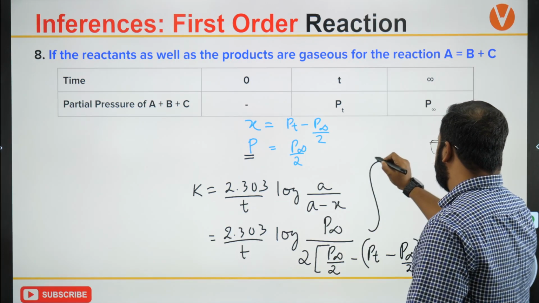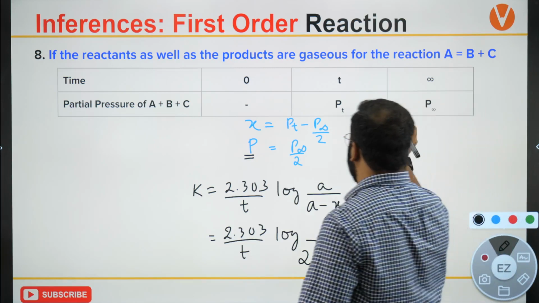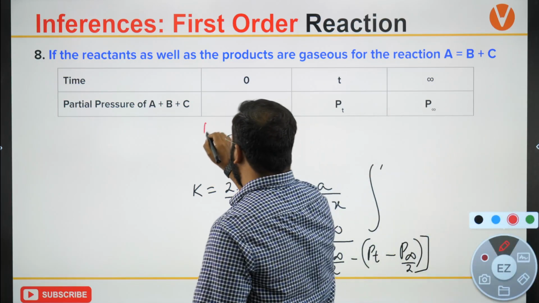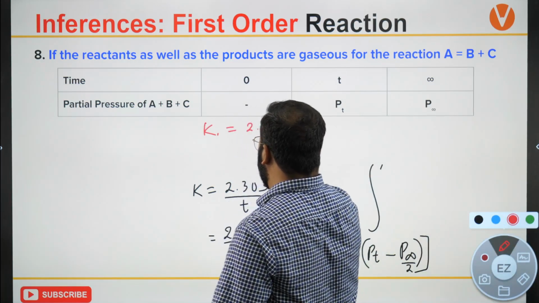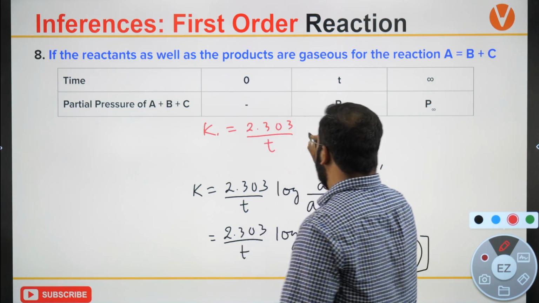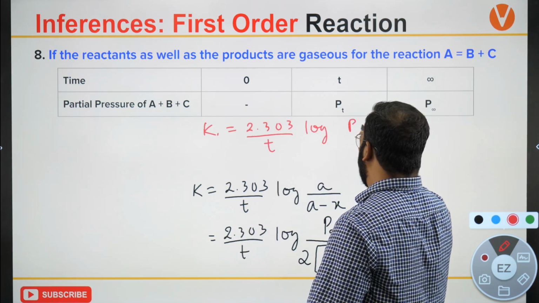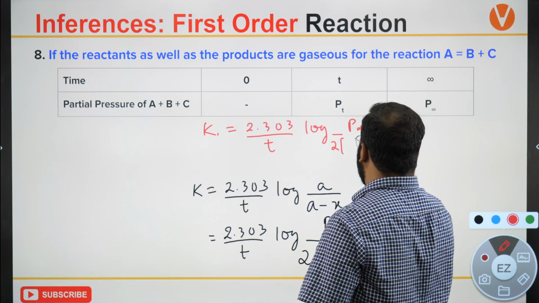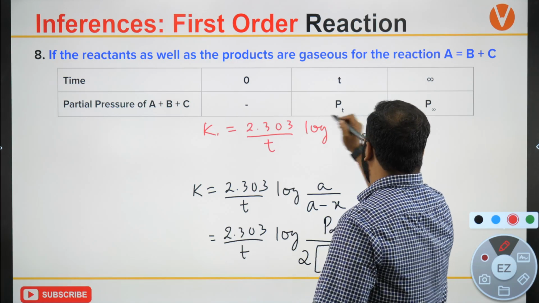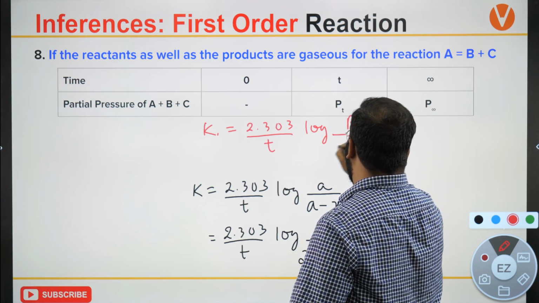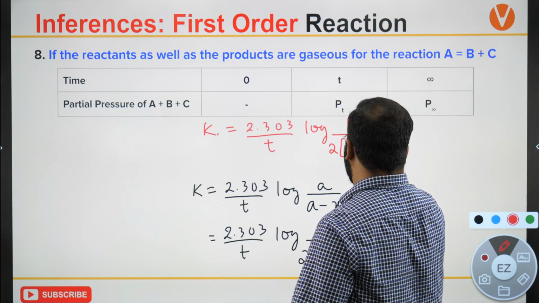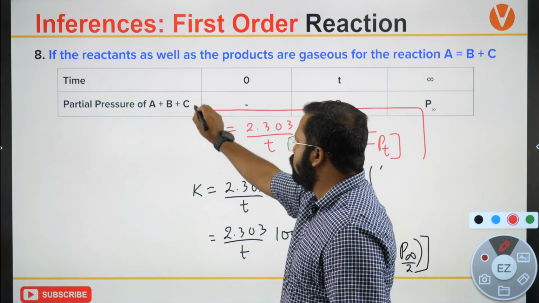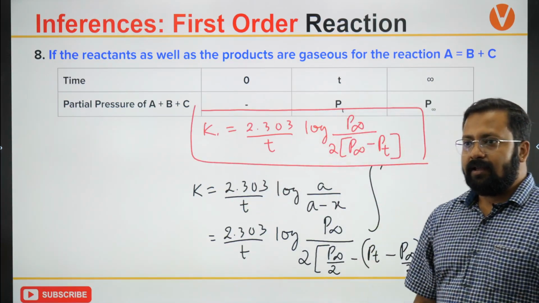So this expression will become, our final expression would be K is equal to 2.303 upon T log of P infinity by 2 P. You always have to get the value of K.